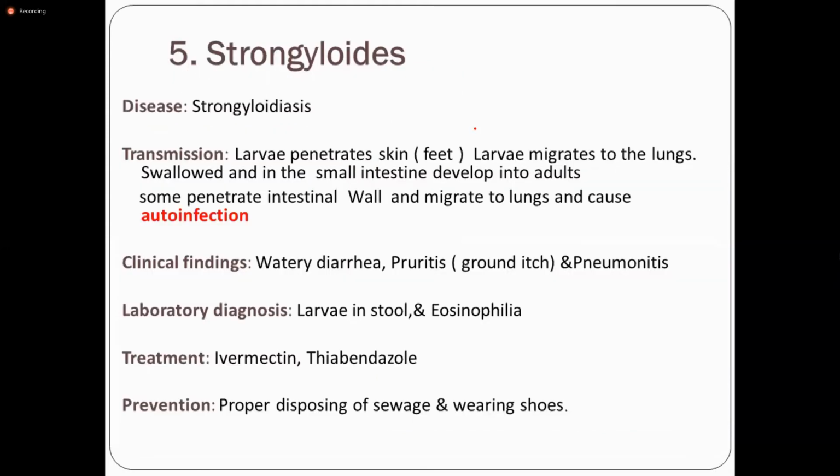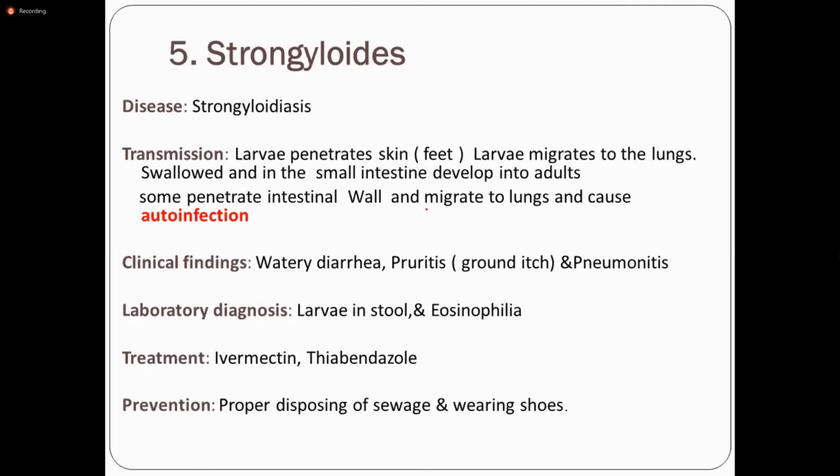Now the fifth one is Strongyloides. Strongyloidiasis is the disease, and for transmission, larvae penetrate the skin, similar to hookworm infection. Swallowed into the small intestine, they become adults, penetrate the intestinal wall, and migrate to the lungs and cause autoinfection. So the different thing here is that they can penetrate the intestinal wall and go to the respiratory system or lungs.